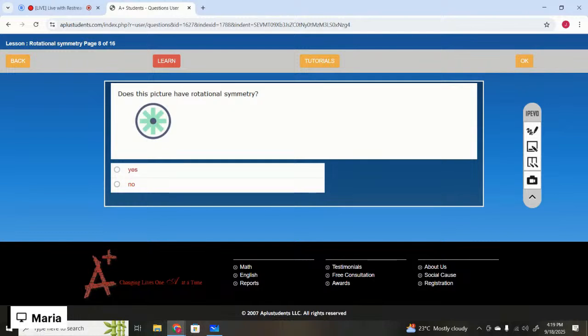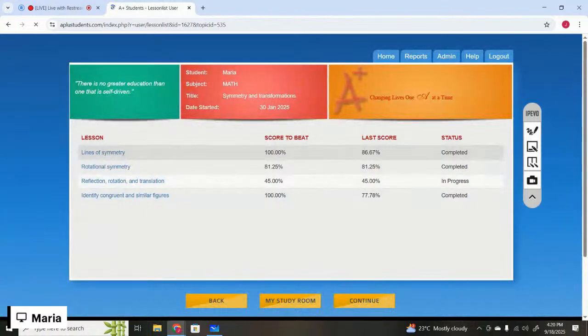Does this picture have rotational symmetry? Yes, it does. Okay, you can complete the lesson by yourself later today. Let me just move on to the next lesson.